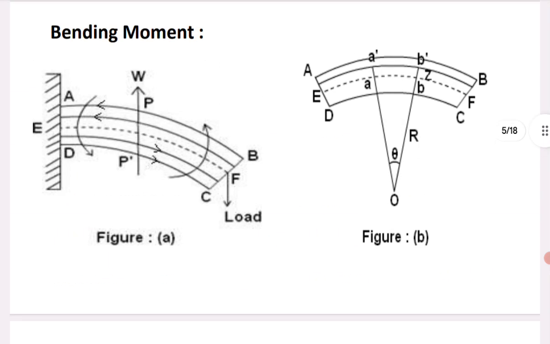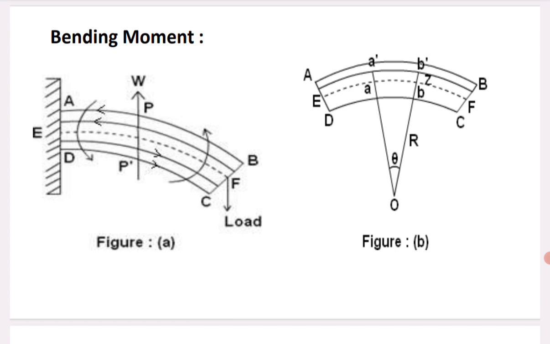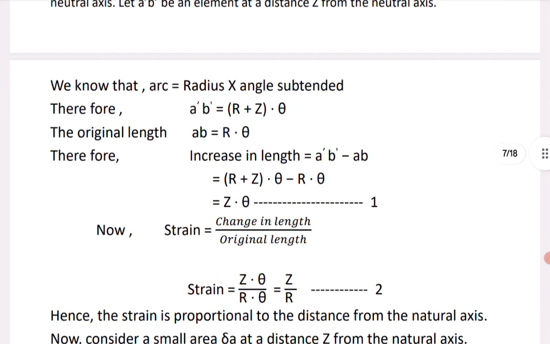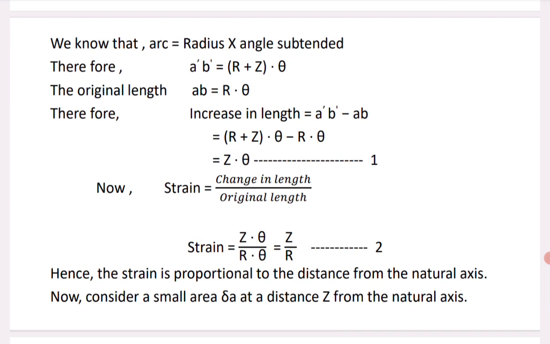We know the relation between arc length, radius and angle subtended: arc is equal to radius into angle subtended.